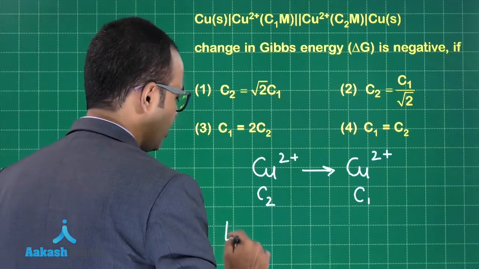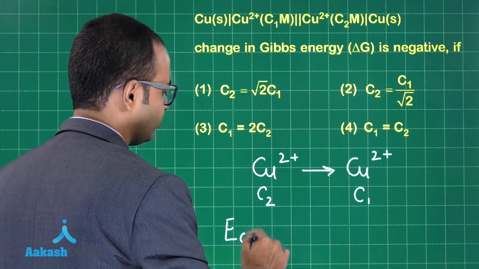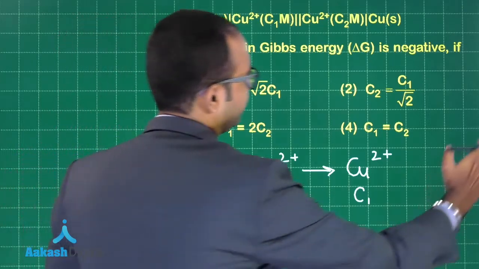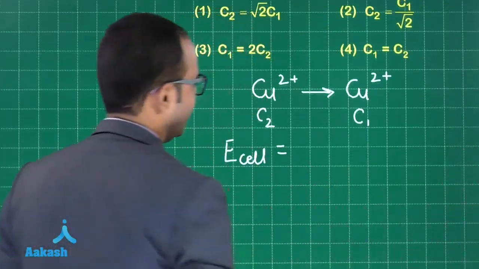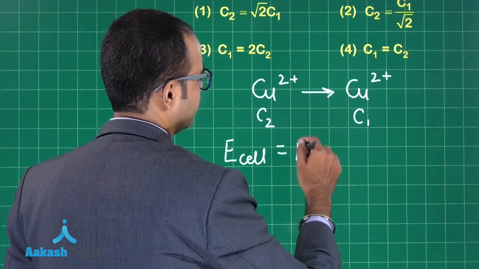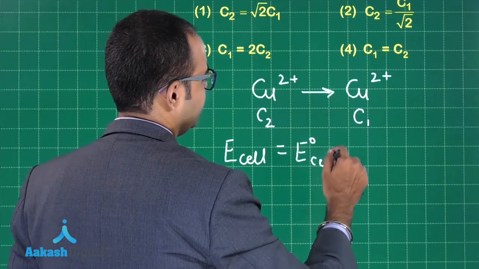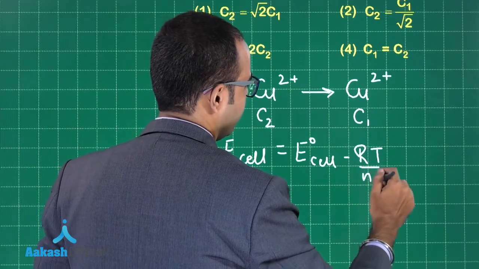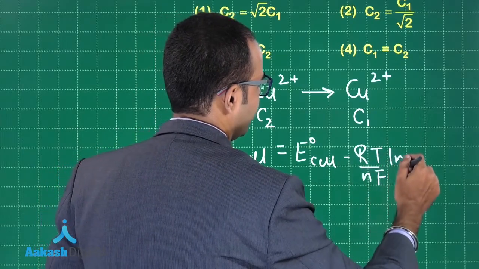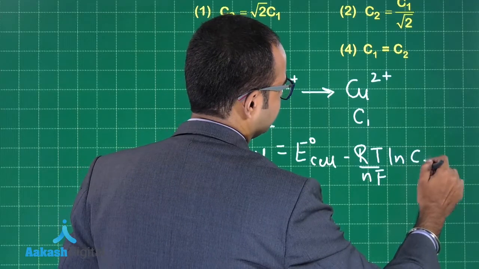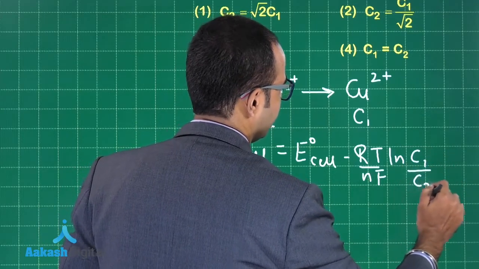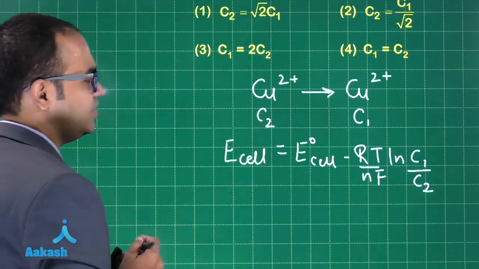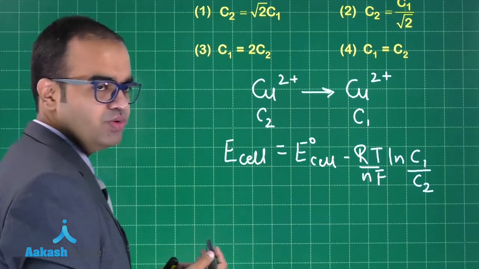So if I write an equation for E cell, your E cell would be equal to E naught cell minus RT by nF ln C1 by C2. It's a concentration cell, so E naught cell will be 0, right?